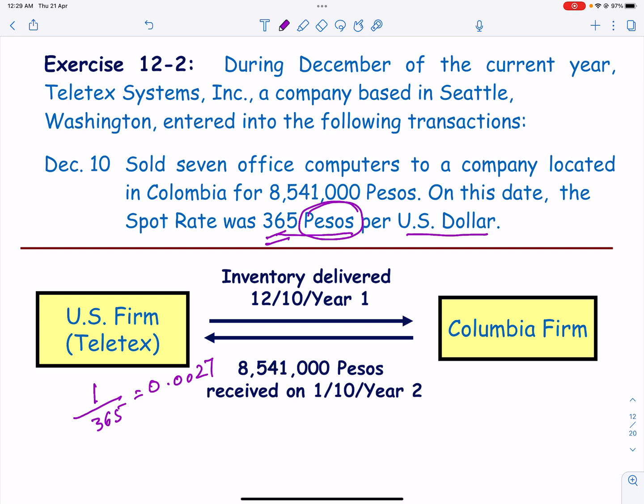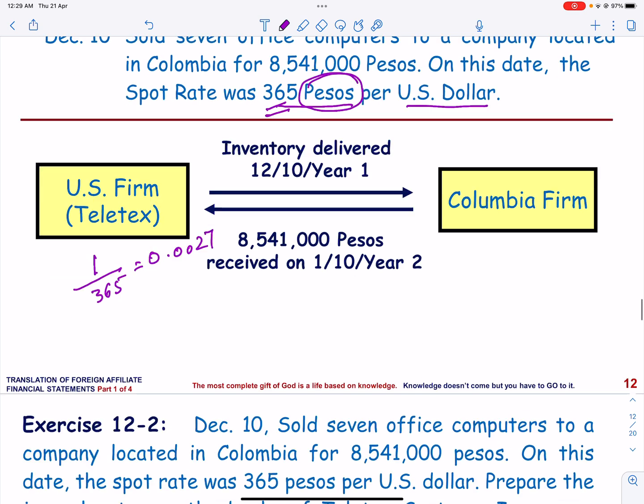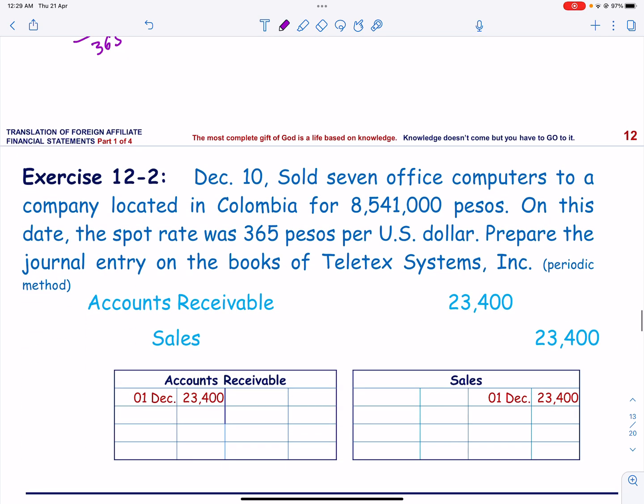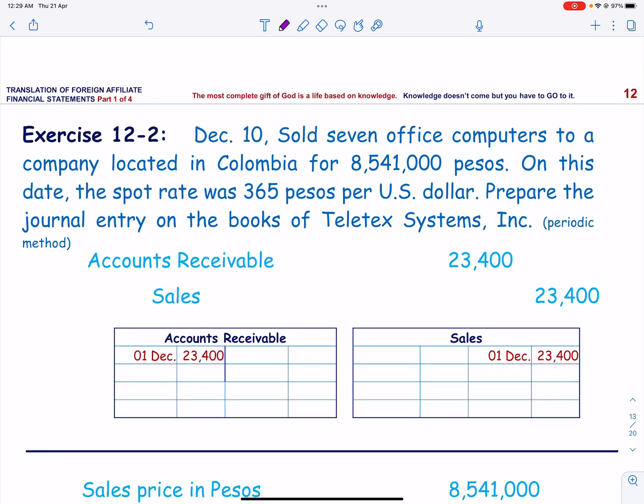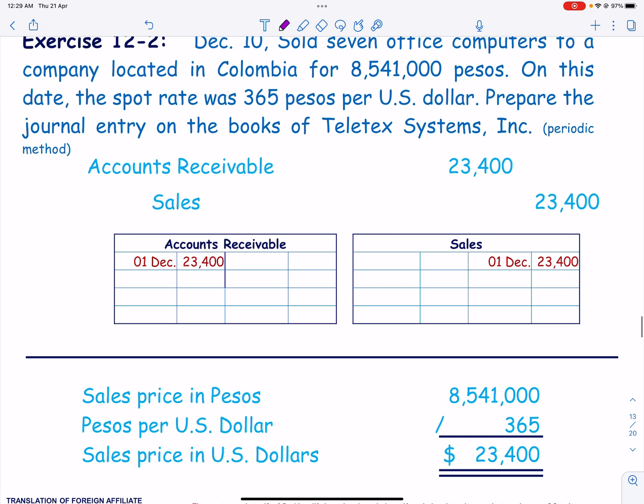Let us see how we are going to record these transactions. First, we have to record the transaction in US dollars. We have a receivable because the US firm is selling. So we will divide 8,541 by 365. So we get 23,400.